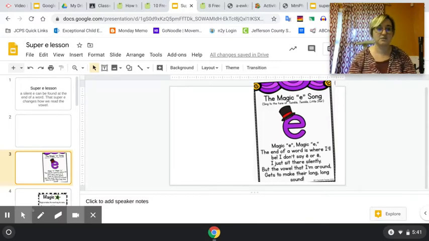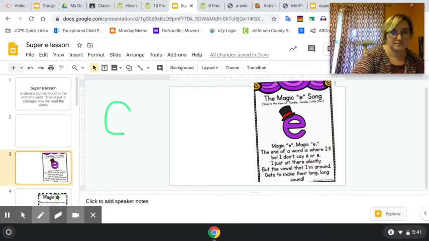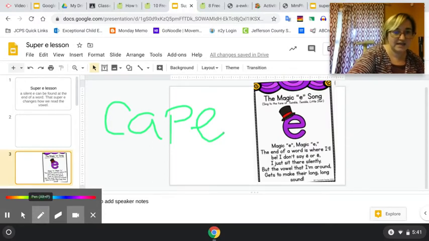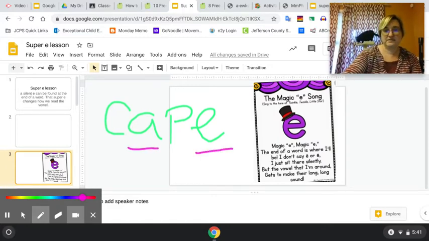What's it going to be? Long, like in this word. I have C, A, P, E. Here's a vowel, and here's a vowel.